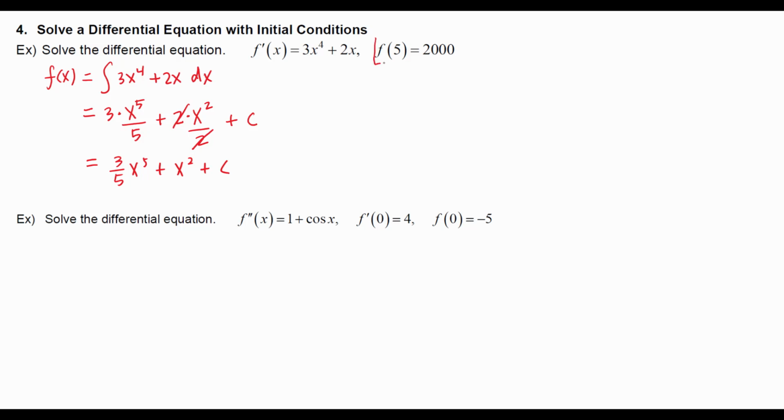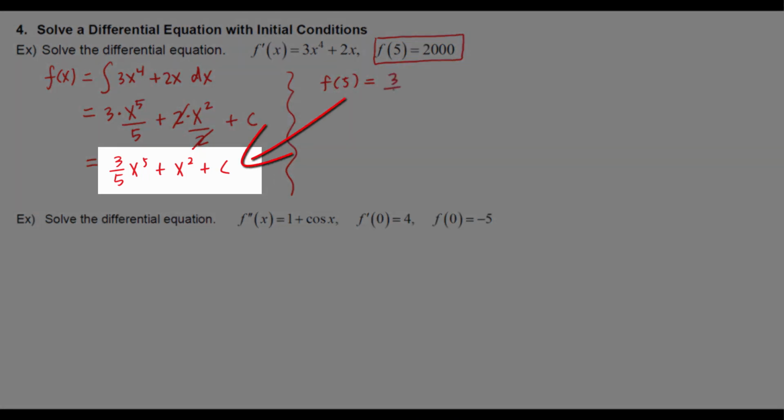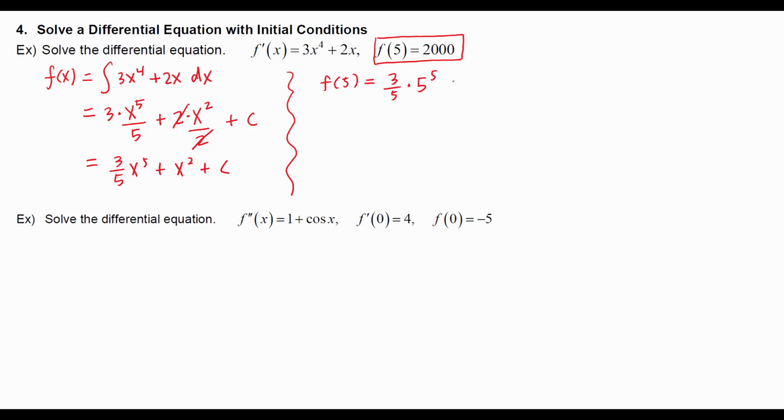But now my initial condition f of 5 will give me what the c has to be. So I can give a particular solution for my f of x. So let's plug in 5. f of 5 is equal to 3/5 times 5 to the power 5 plus 5 squared plus c. And they said that is the value 2000, right?